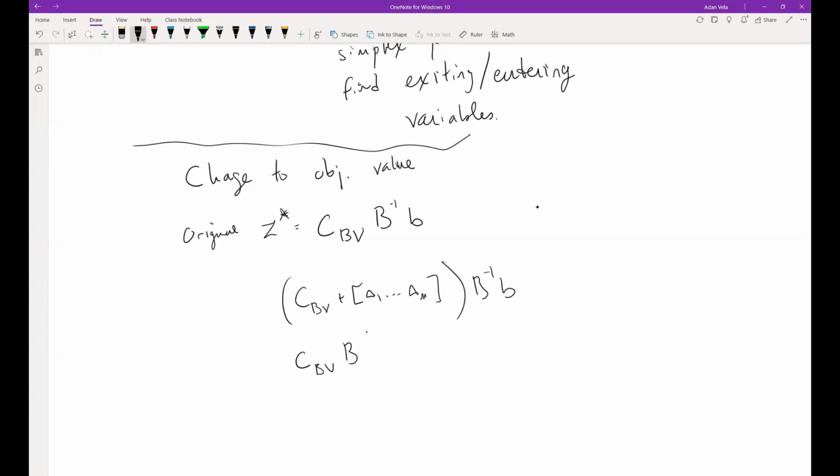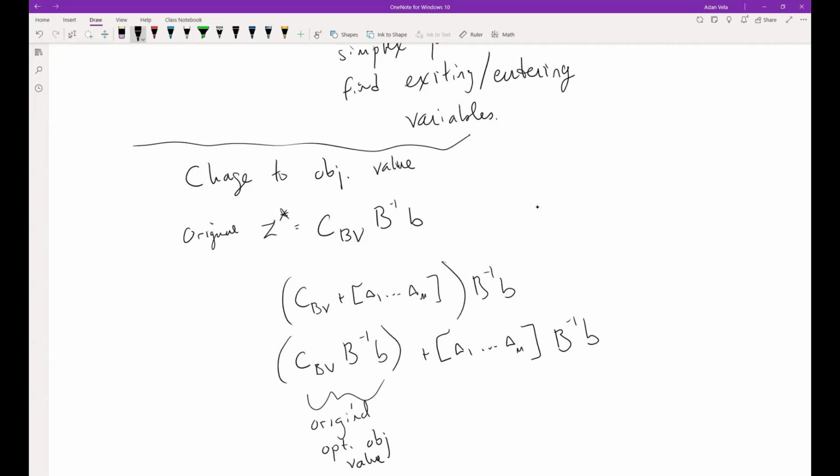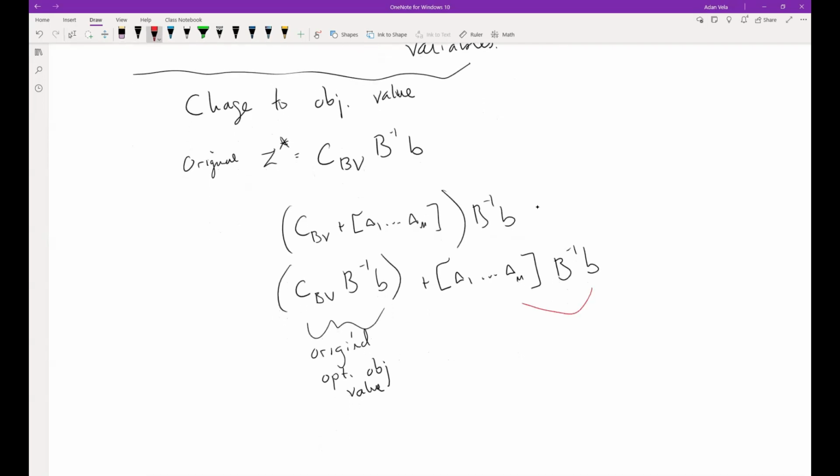It ends up being whatever our original optimal objective function was, plus whatever that delta change was, times B inverse B, okay?